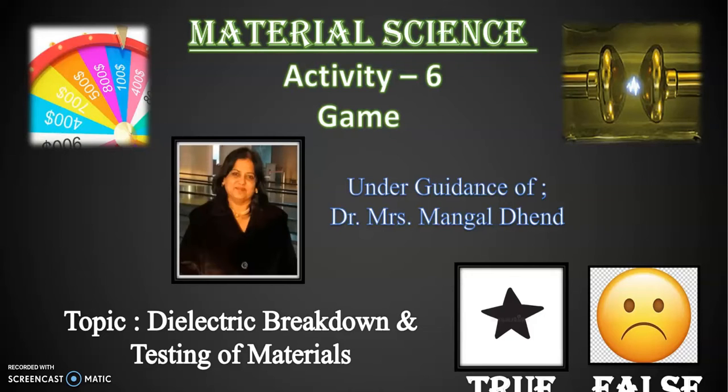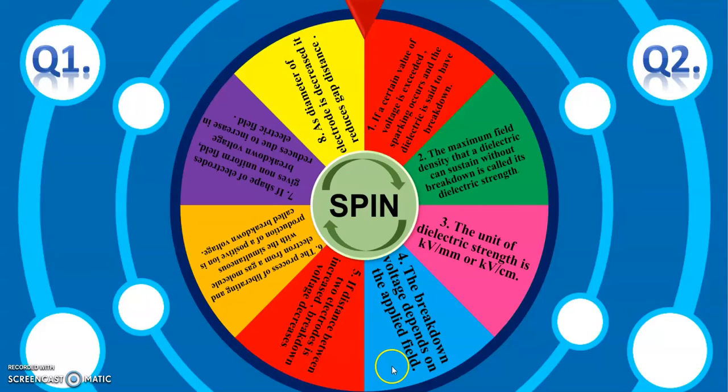What do I need to do? I have to click on the spin. As soon as I click on the spin, this wheel will start moving, and then you have to say stop. When you say stop, I will stop it, and whatever question is there, it will be for you.